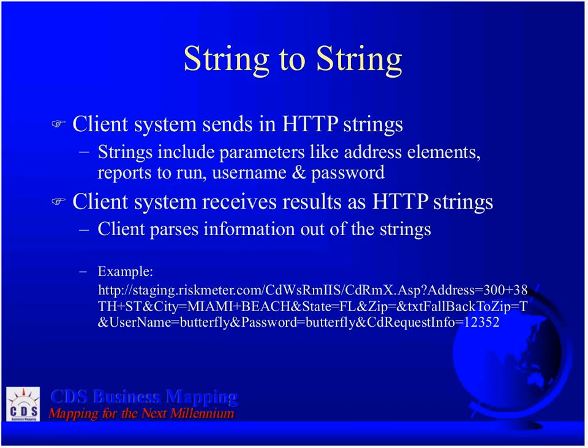That's the URL, the function to run, and here's the address: city, state, zip, and password. Those are different tags that are documented on support.riskmeter.com. So string to string means you send us an HTTP string, you get back an HTTP string.